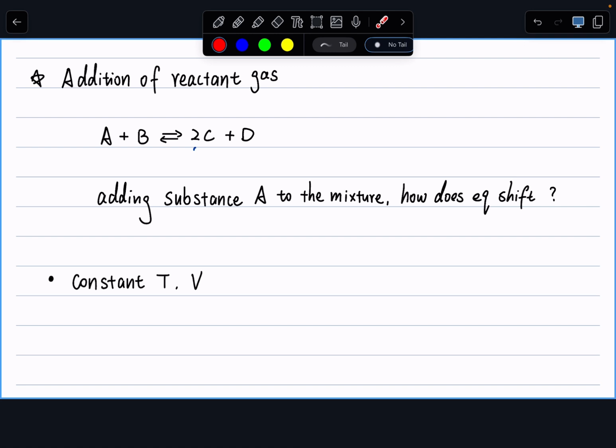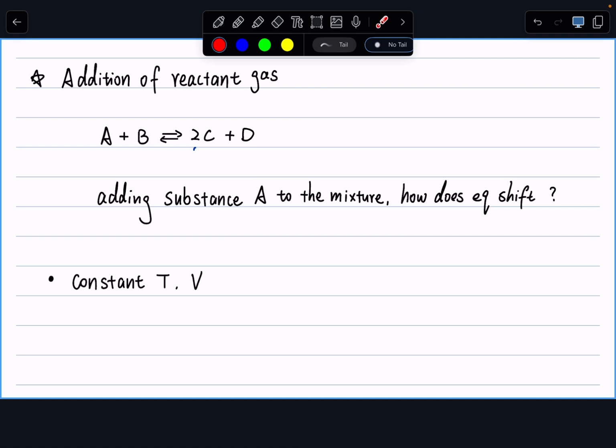Right. So that means when we're writing out our reaction quotient as a product of Pi to the stoichiometric coefficient, we can write that as Pc squared times Pd times Pa to the minus 1, Pb to the minus 1.